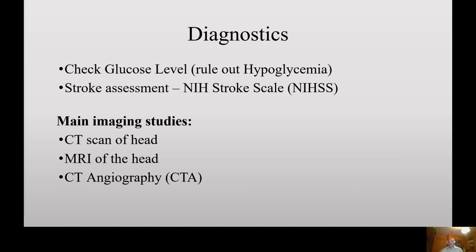So also glucose levels to rule out hypoglycemia. Make sure you check these patients' blood sugars first because signs and symptoms of a CVA might really be a hypoglycemic reaction. So you want to be able to distinguish between the two.